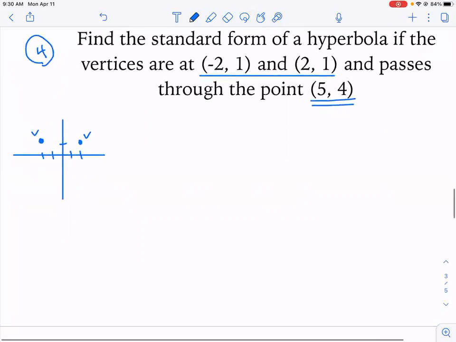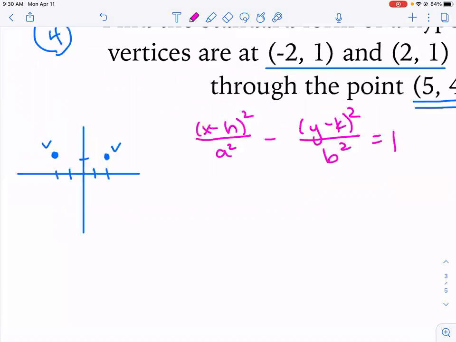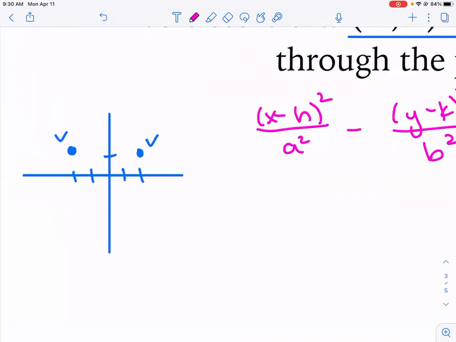Okay. Apparently, I really wanted horizontal stuff today, huh? Okay. Finn, where's our center going to be? 0, 1.